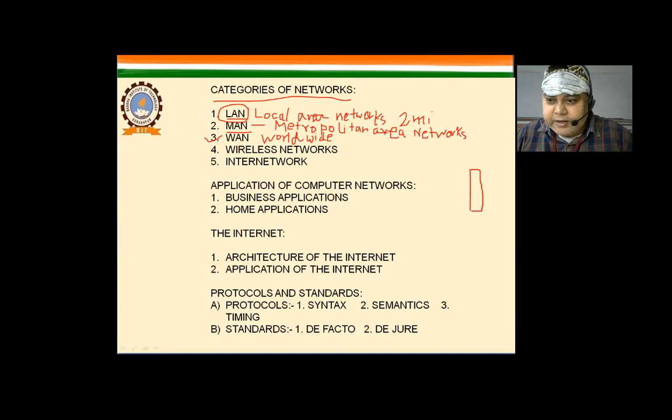There are output ports which normally connect the communicating devices to this central hub. This is the hub, and this hub is connecting the devices in this fashion.